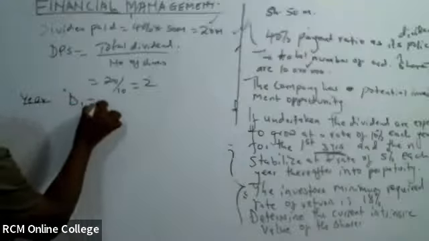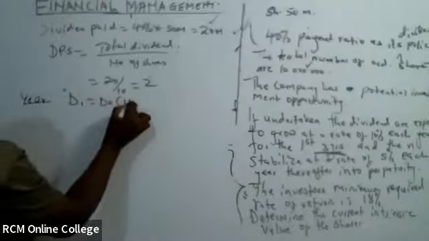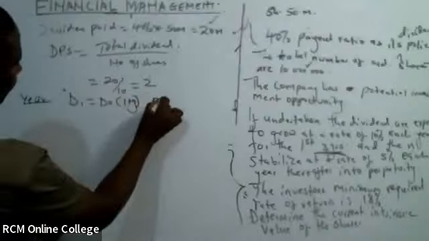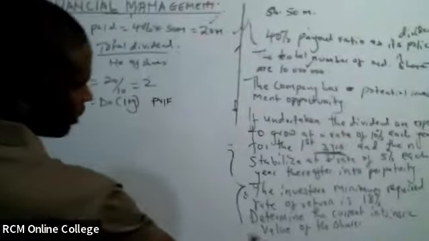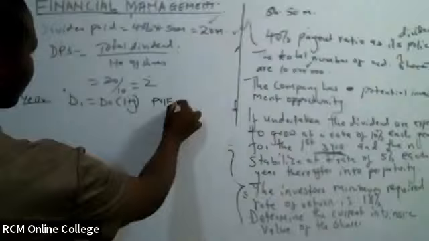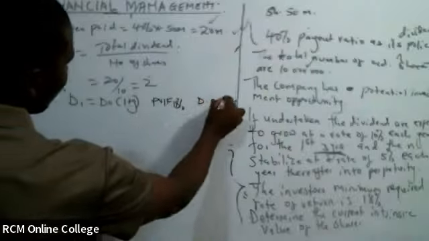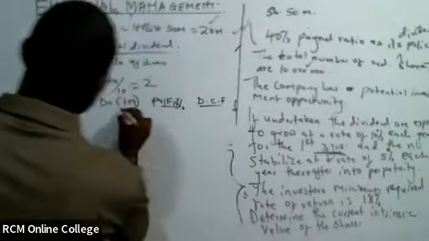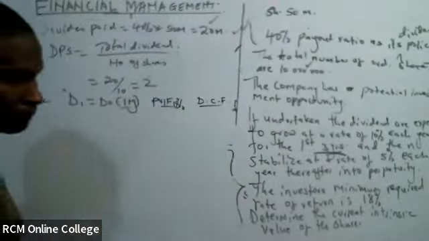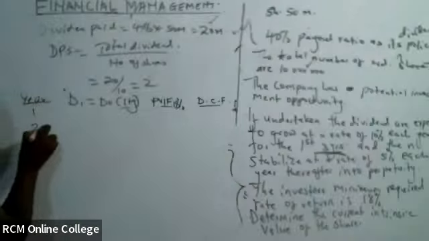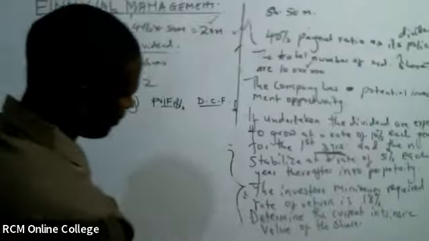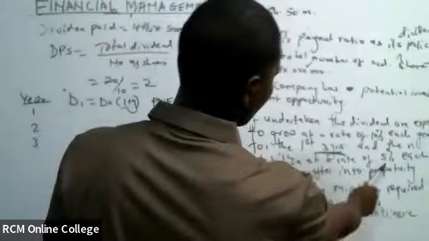Your D1 is equal to D naught, 1 plus G, PVIF. What is our rate? Our rate, wametuambia tumia 18%. And then you get your discounted cash flow. Then, year 1, 2, 3, inafika ngapi miaka yetu?